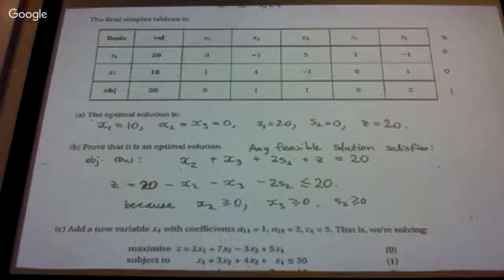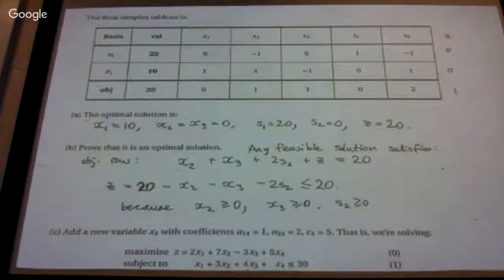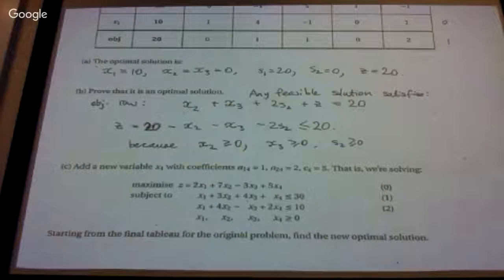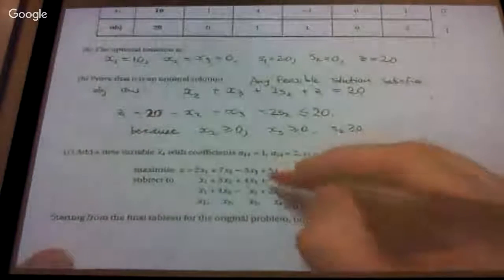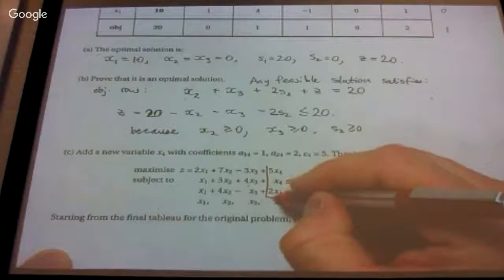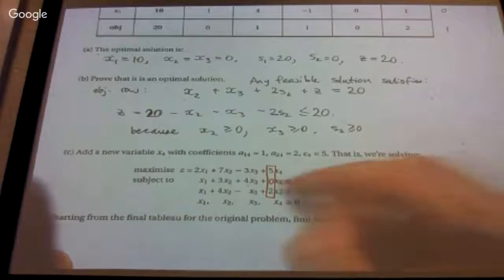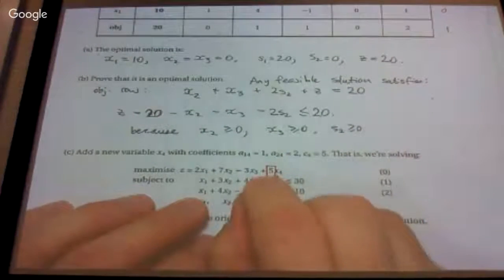Okay. Now the next thing that happened is we were asked to add a new decision variable x4, and the crucial numbers. Oh no, what am I doing? Why am I putting a 0 there?